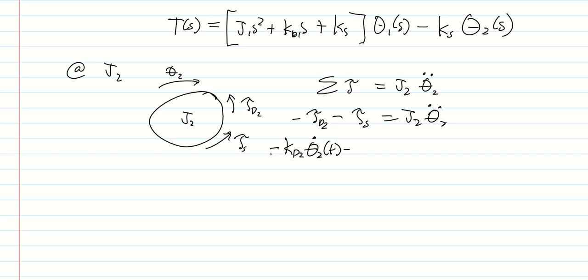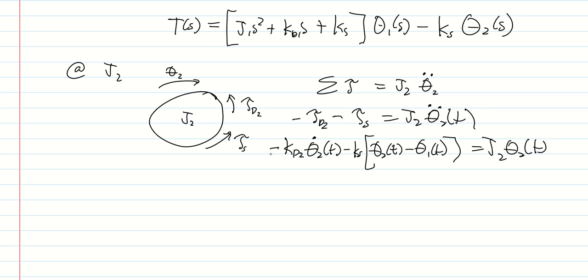Then for tau S, Ks multiplied by theta 2 minus theta 1 equals J2 theta 2 double dot.